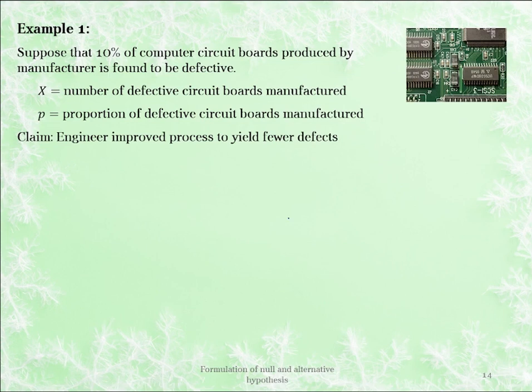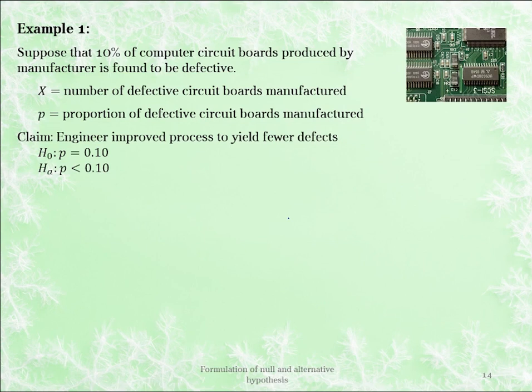So we have an engineer who has claimed that he has improved the process, and you will now have fewer defective circuit boards produced, and we want to go and test that. So currently, our null is what we currently believe to be true, and until this engineer proves this to us, we will continue believing that we have 10% defective circuit boards.